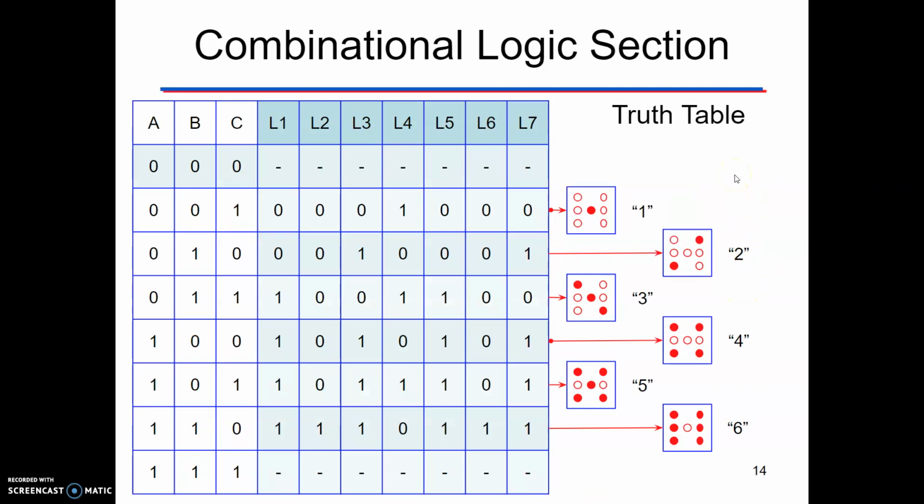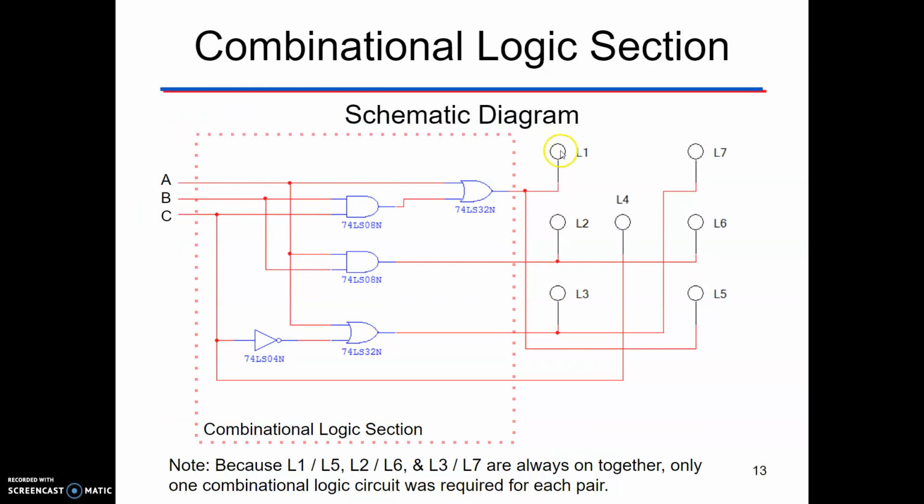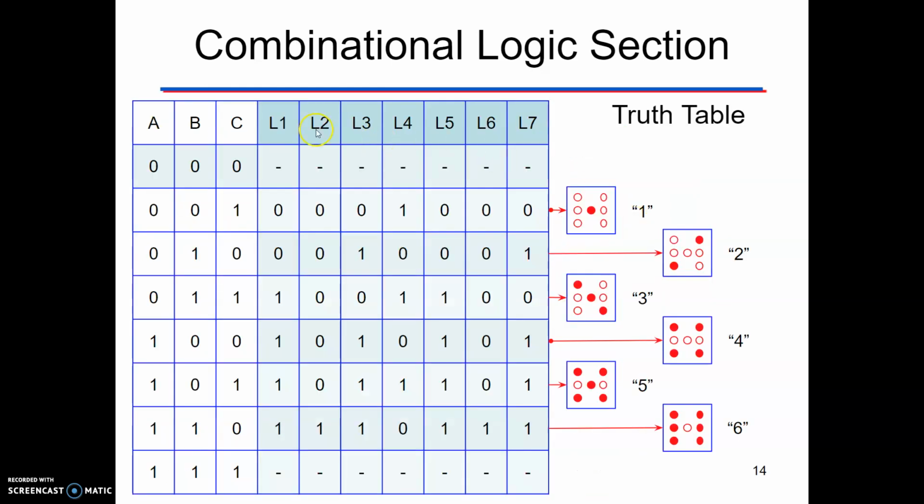Okay, so then we're looking at this giant truth table where you have to go through and create the different logics in order to be able to get these different numbers to display. Because in the previous slide we labeled these L1, 2, 3, 4, we can then identify them in the truth table as that across the top. We then can go through and identify what we need to have lit when and create our truth table.